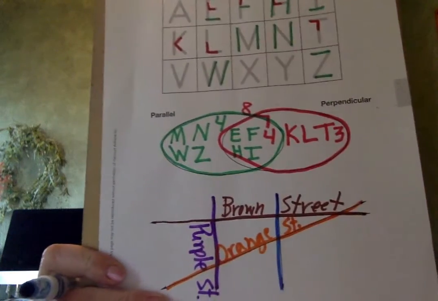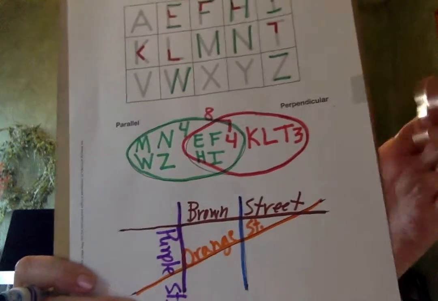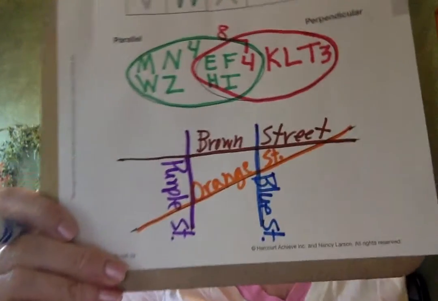And then the vertical line on the right, we're going to trace it in blue. And we're going to name it, correct, Blue Street. So it looks just like this.